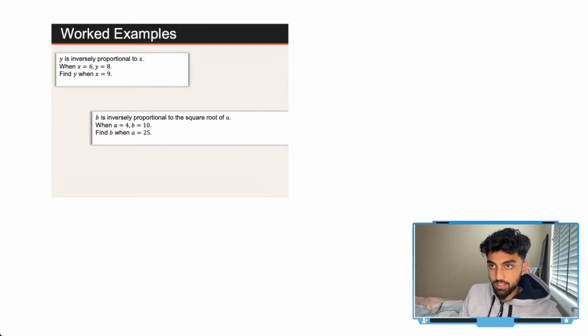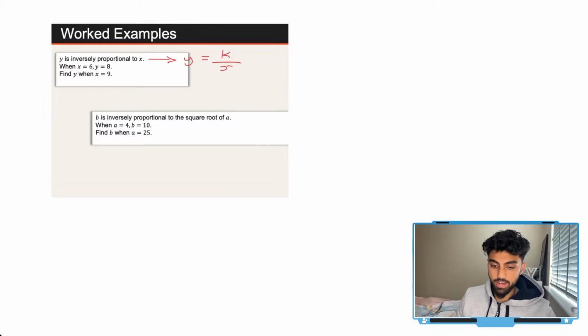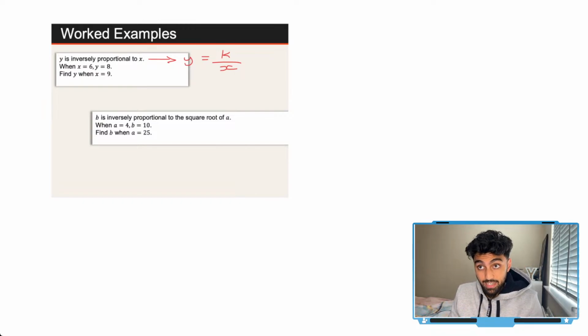Let's go about doing this again. y is inversely proportional to x. First things first, I'm going to translate this original statement. This means that y is equal to k divided by x. That is what is dictated by the fact that it says inverse proportion, and this is how it differs to direct proportion.